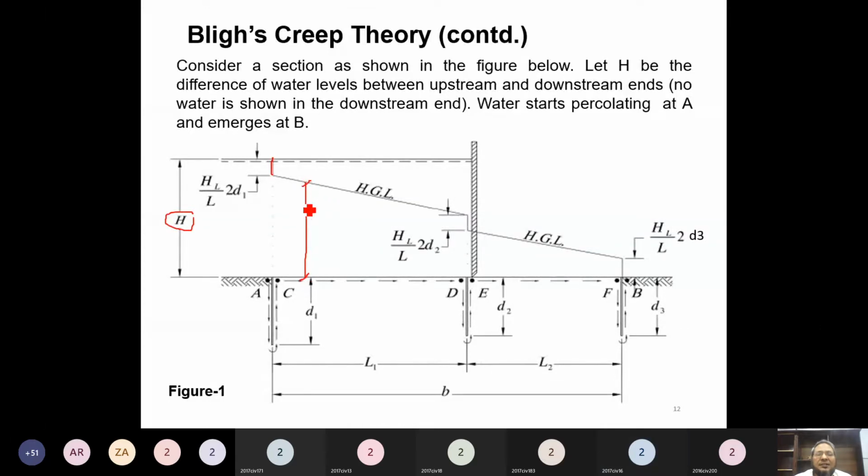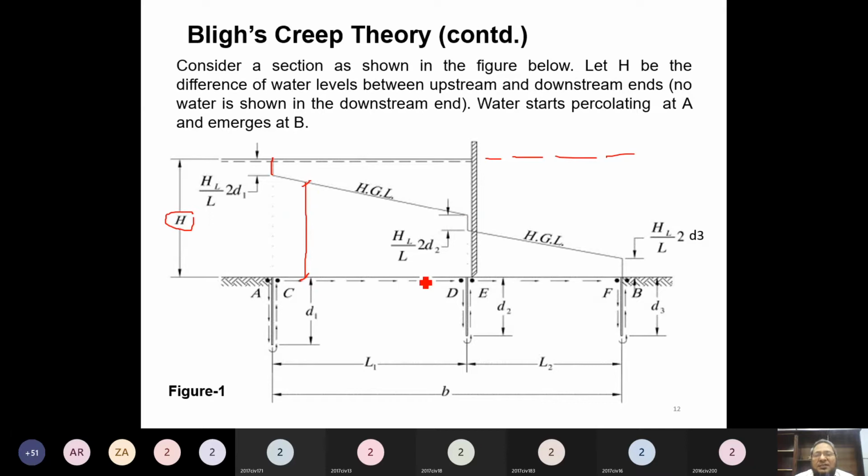This is the pressure head. Then what is this one, the upper one? ये क्या है? Velocity head. This is the head loss. देखें ये level था original water का. This was the original level of water on the upstream side. Now this head loss is caused by this upstream sheet pile, and we will discuss later how it is computed. So it means the hydraulic grade line gives us the pressure head at this point.